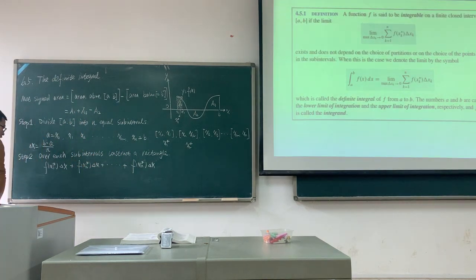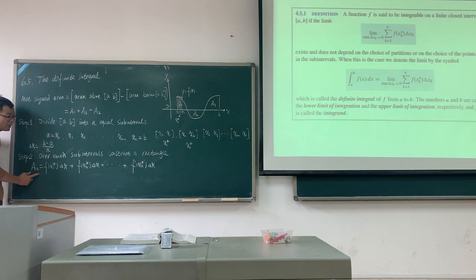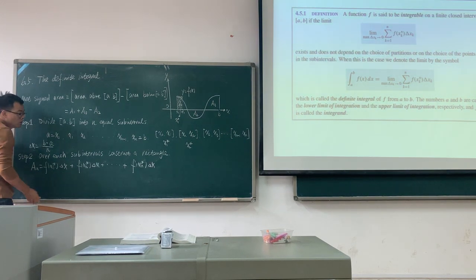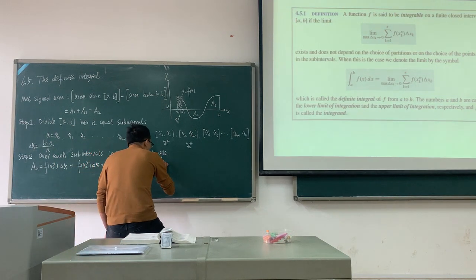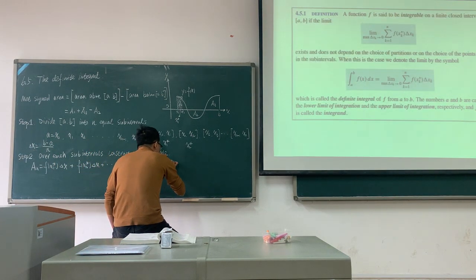We sum it. So here we can find that a_n is actually the total area of the n rectangles.